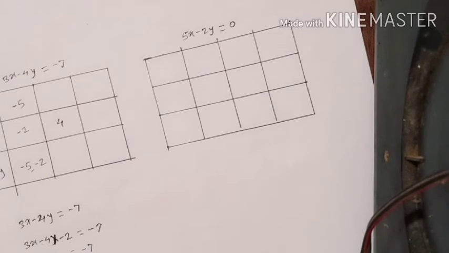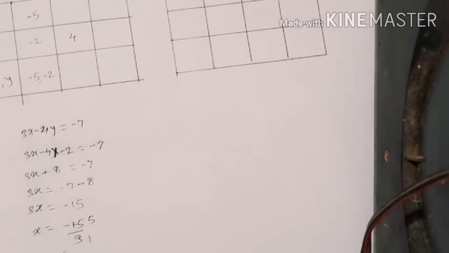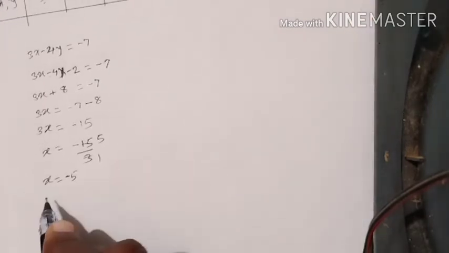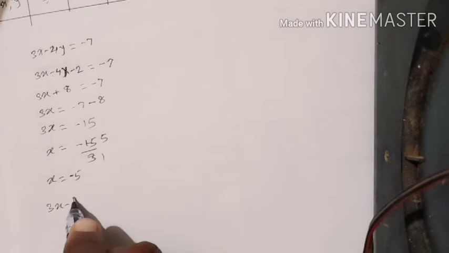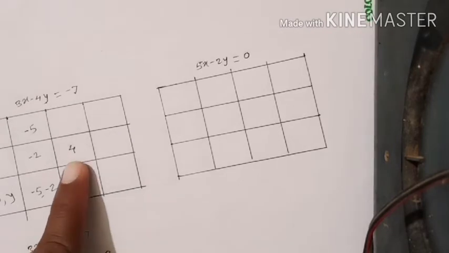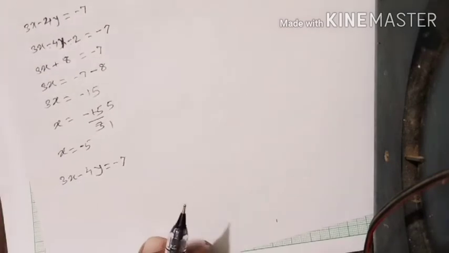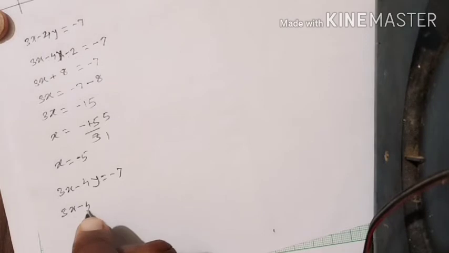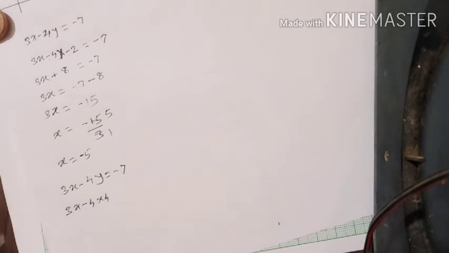Then 3x, see the equation. What is the equation? 3x minus 4y is equal to -7, and we are putting the value of y as 4. Then put the value of y as 4 in the equation. That is 3x minus 4 into 4 is equal to -7.